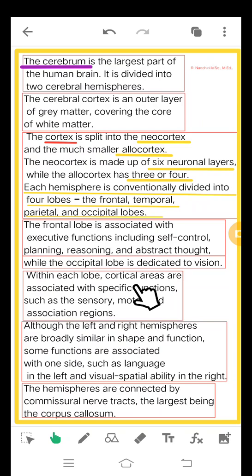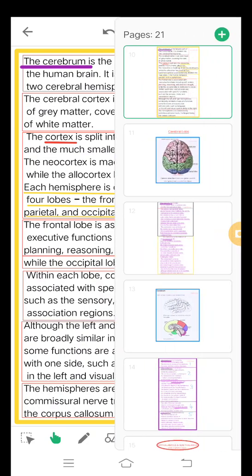Then each lobe's cortical areas are associated with specific functions such as sensory, motor and association regions. Although the left and the right hemispheres are broadly similar in shape and function, some functions are associated with one side, such as language in the left and visual spatial ability in the right.